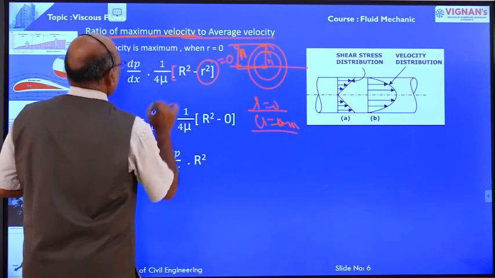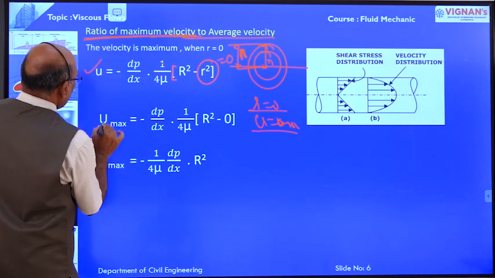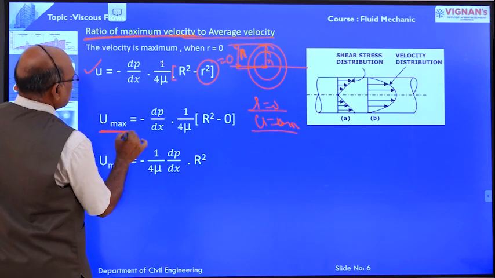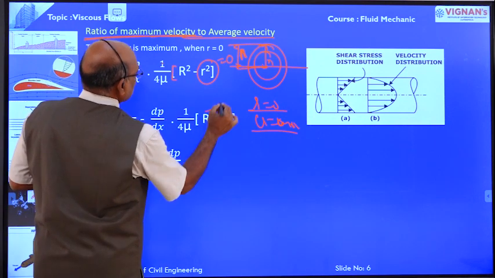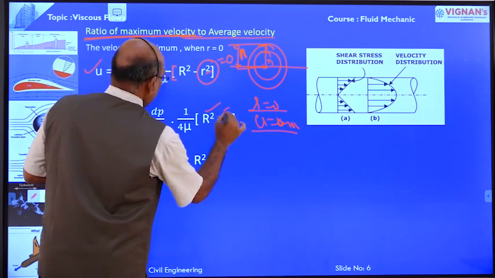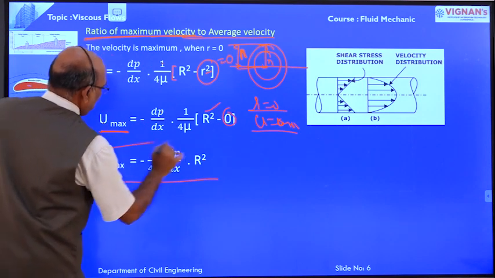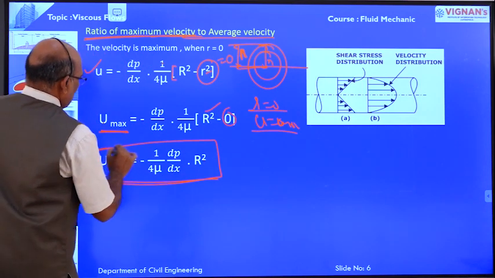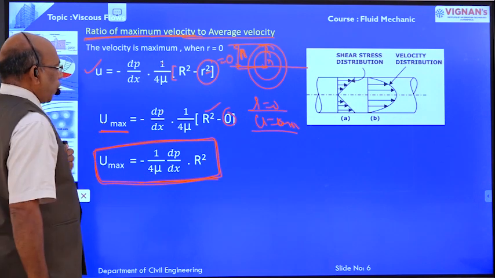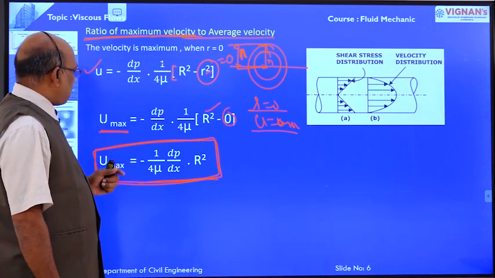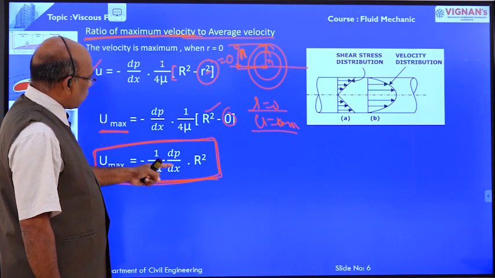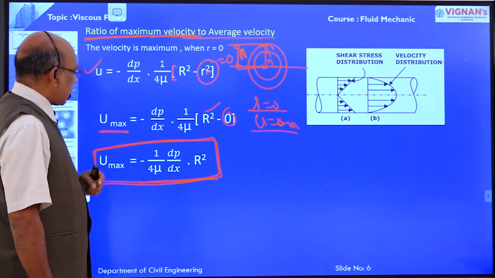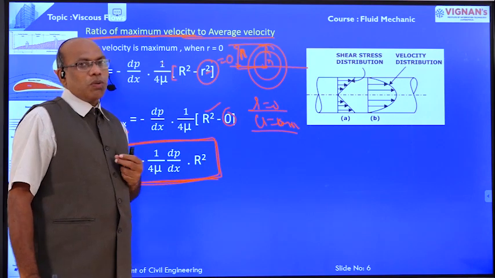The maximum velocity is equal to minus ∂p/∂x into 1 by 4μ into R², since the r² term is 0. Finally, the maximum velocity equals minus 1 by 4μ into ∂p/∂x into R².